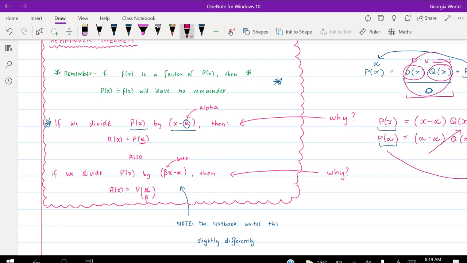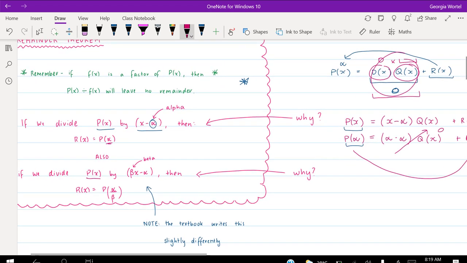It can be written in a different way as well, and the textbook writes it this second way. It's exactly the same thing with the same sort of proof, but they've written it as if you divide p of x, your polynomial, by beta x minus alpha, this weird looking b with a tail, then your remainder is p of alpha over beta.